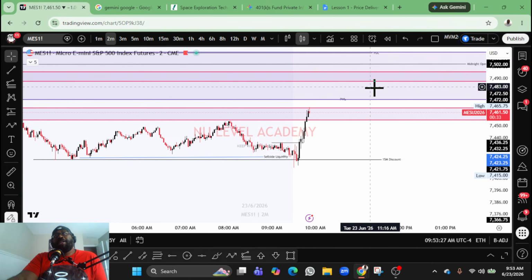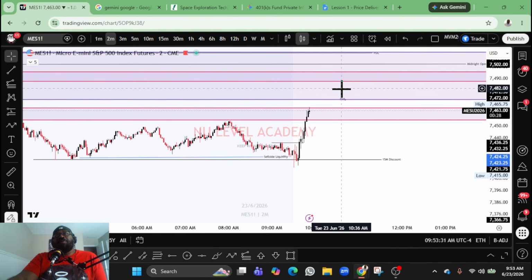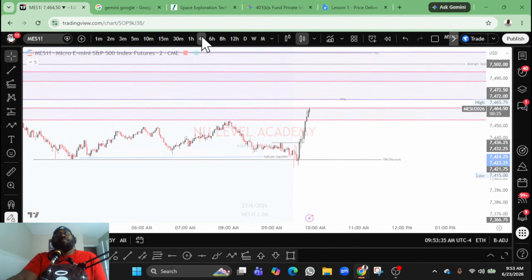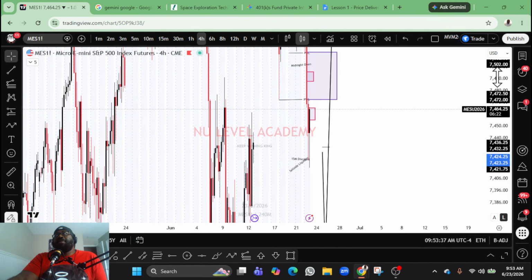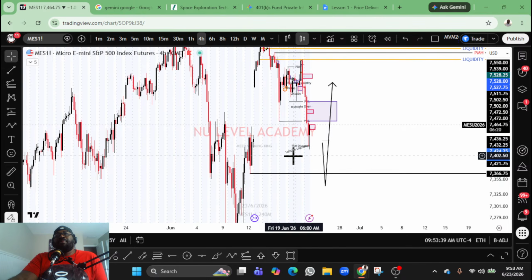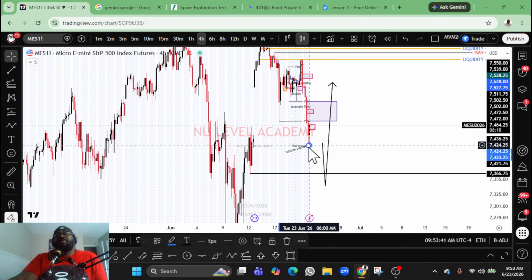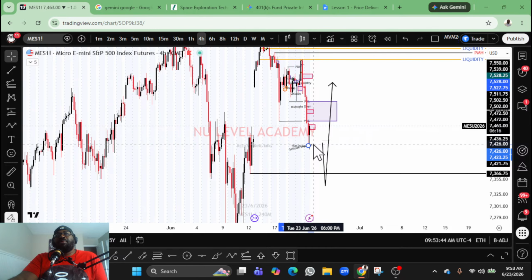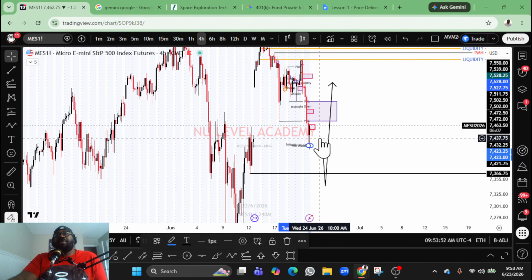So this purple shade is a clear zone of what we had on the 4 hour that did not get touched at all. So if we were to invert this on the 4 hour, hold on, put that back here, minor sell side. Okay. So if you look at it on the 4 hour, right?